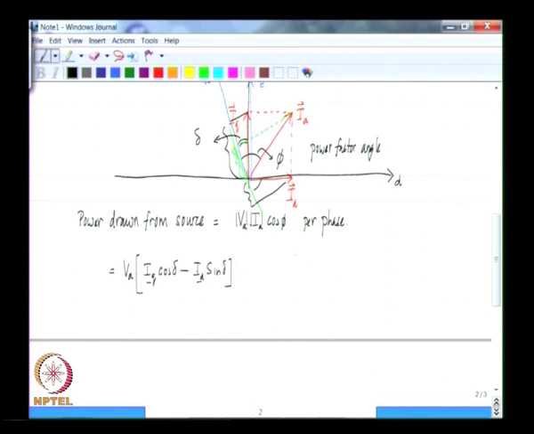Now, if we go back to our original equations, we would see from the earlier equations that we wrote on synchronous machines that Vds is equal to Rs Ids minus Xqs Iqs, and Vqs is nothing but Xds Ids plus E. This is neglecting armature resistance, otherwise those terms will also come in.